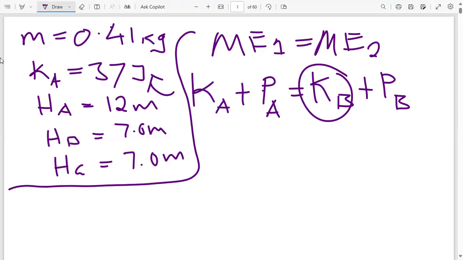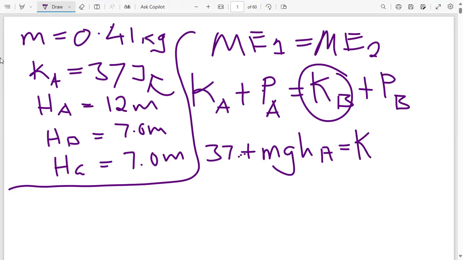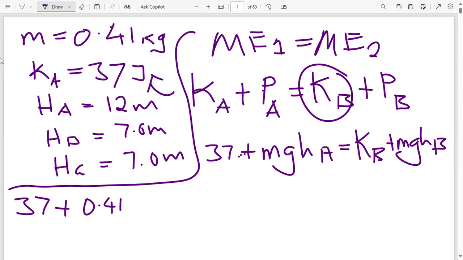We have 37 joules plus the formula for gravitational potential energy, mgh at point A. This should be equal to kinetic energy at point B plus mgh at point B. So I'm having 37 plus the mass, 0.41, multiplied by the gravity, 9.8, multiplied by the height of point A, which is 12 in this case.